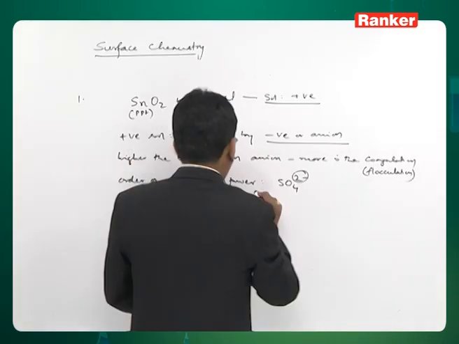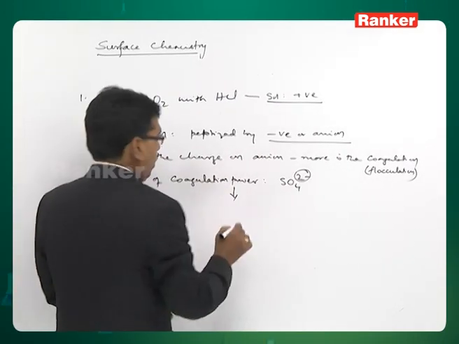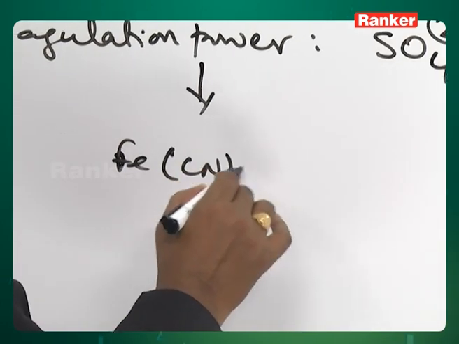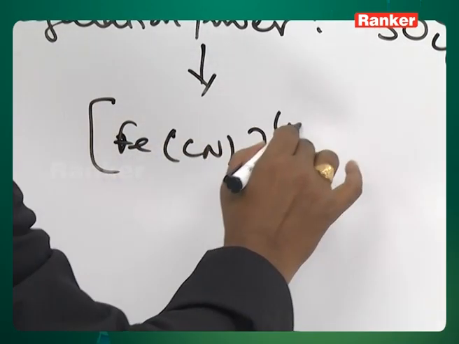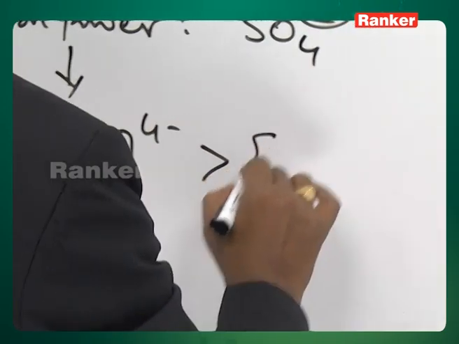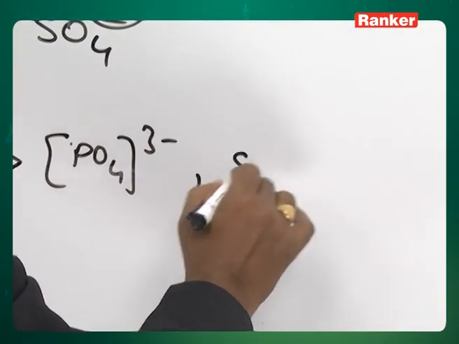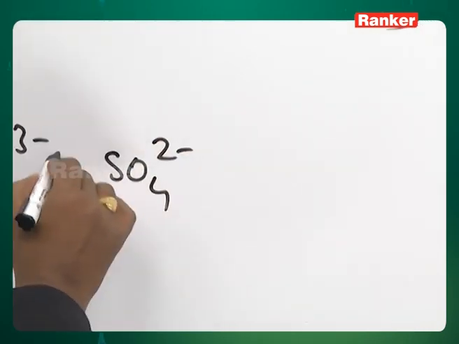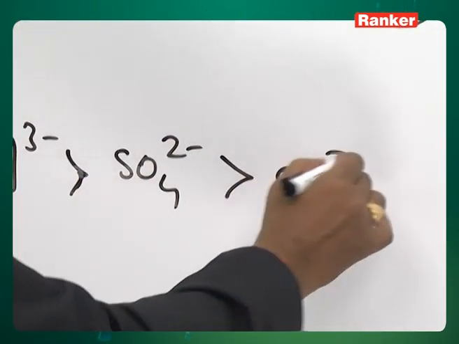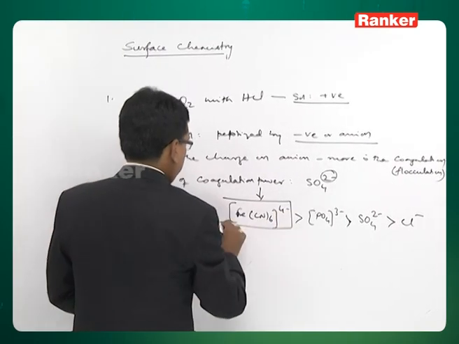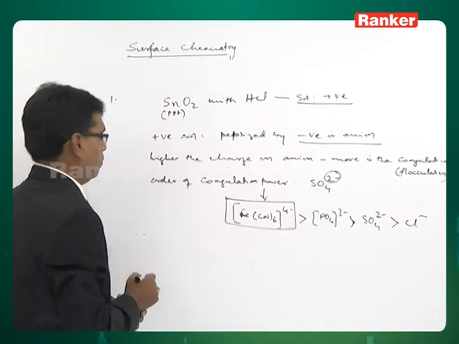Sulphate is negative charge. So the order of coagulation power among the given is ferrocyanide greater than phosphate greater than sulphate greater than chloride. Therefore, ferrocyanide is the one having highest coagulation power.